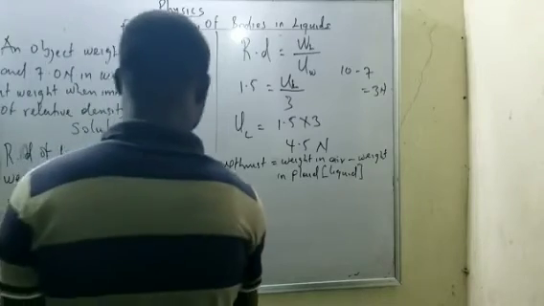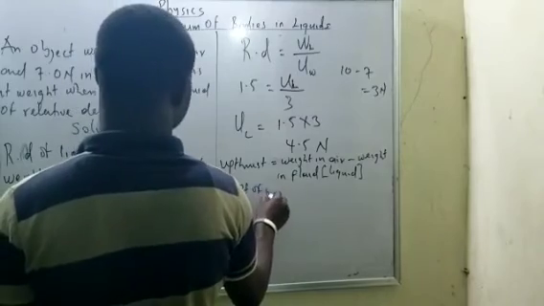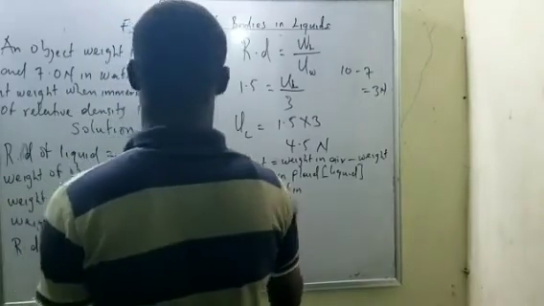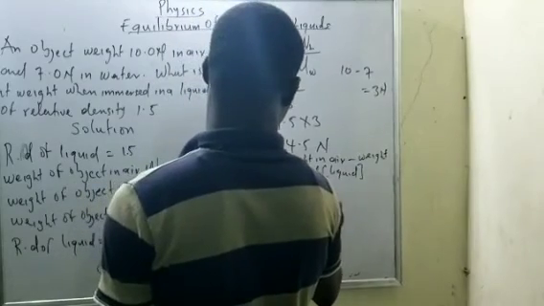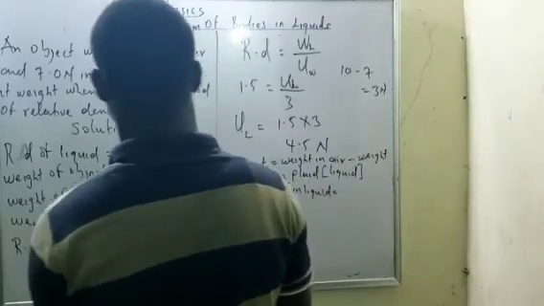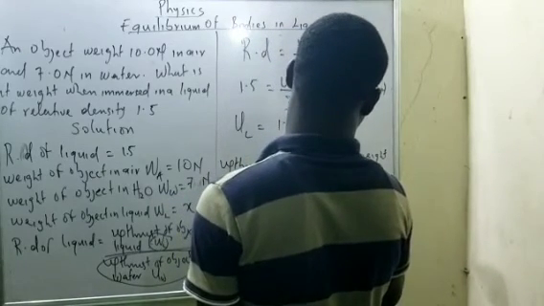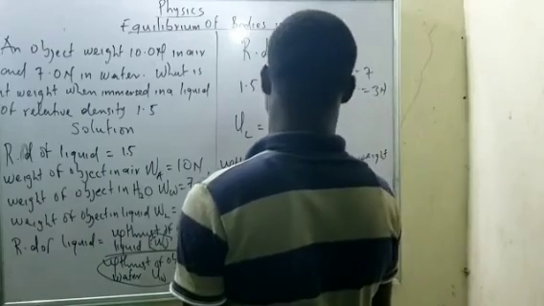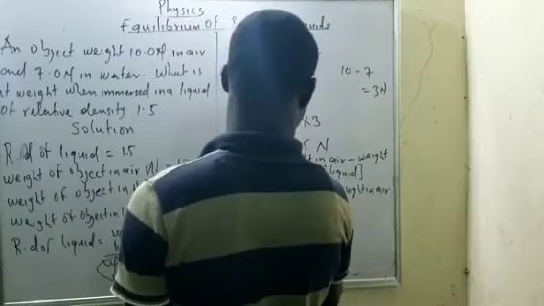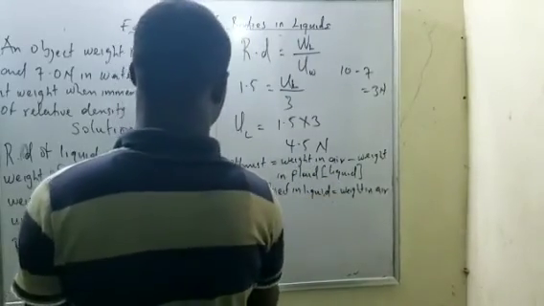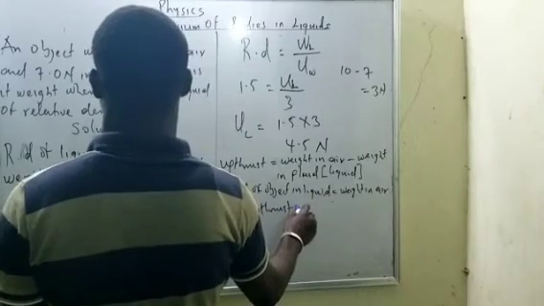Now I can also see that my weight of object in liquid can be equal to weight in air minus upthrust in liquid.